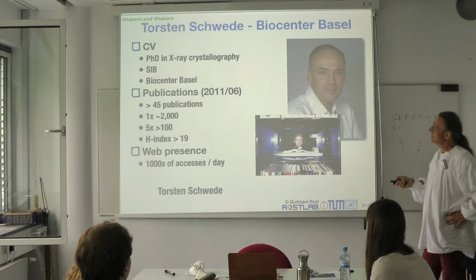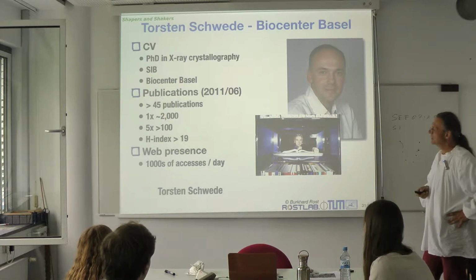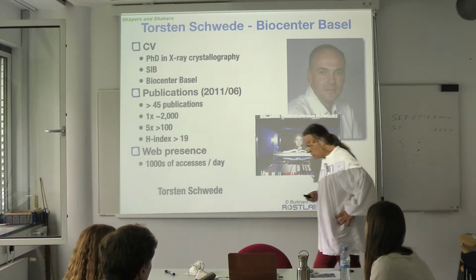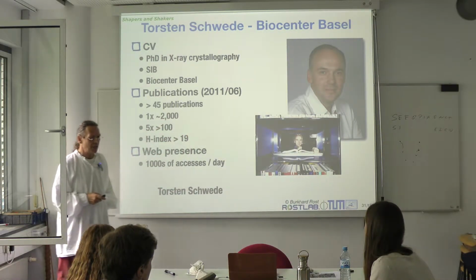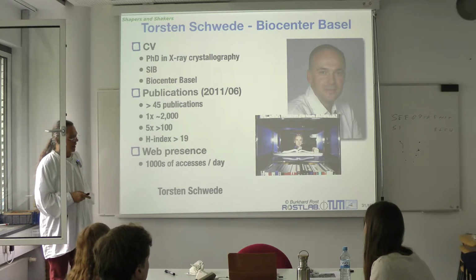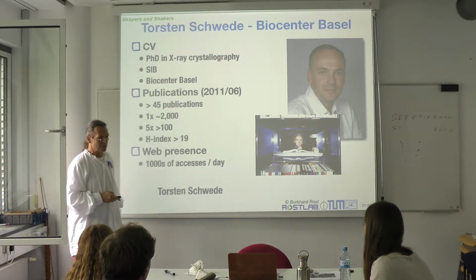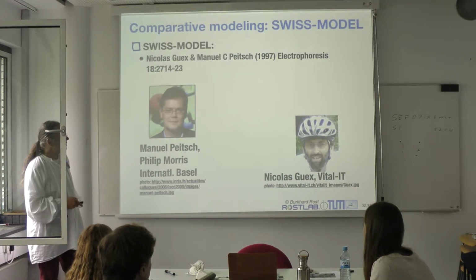And this is outdated, it must be much more than that today. But even at the time, the h-index by no means reflected the importance he had for computational biology, simply through Swiss-Model alone. The other person behind it is Manuel Peitsch, along with Nicolas Guex.